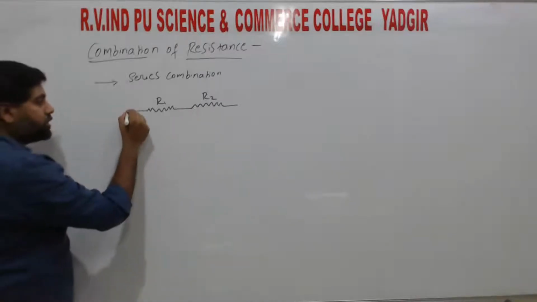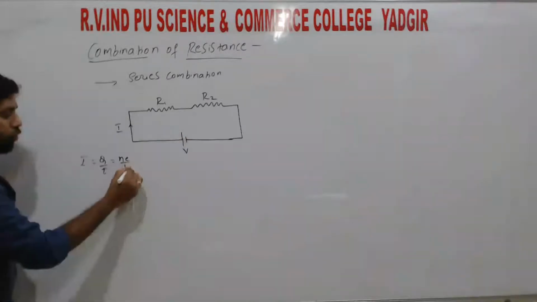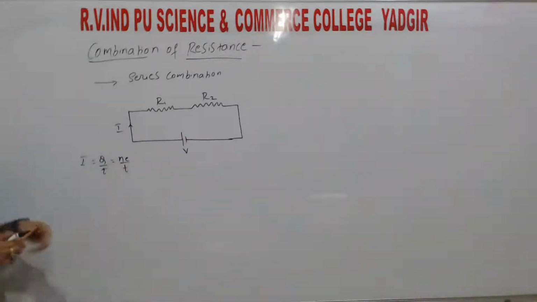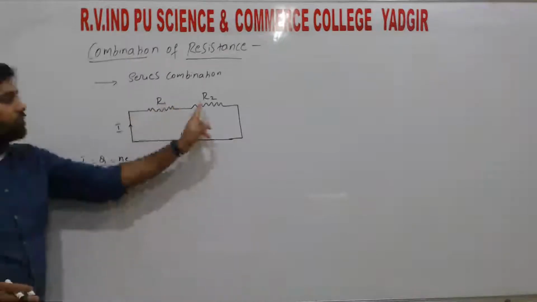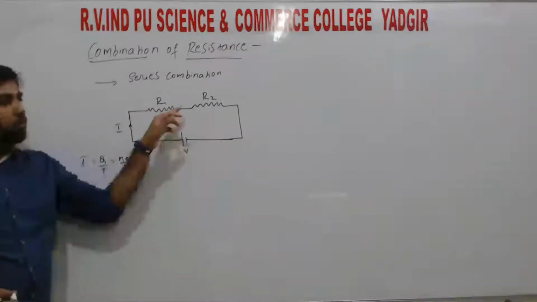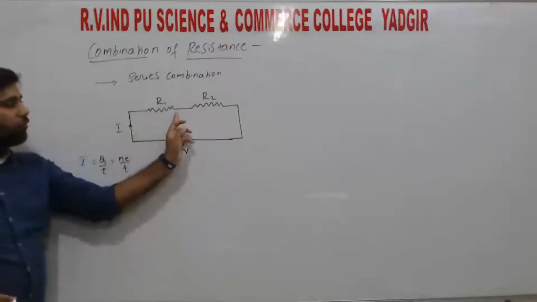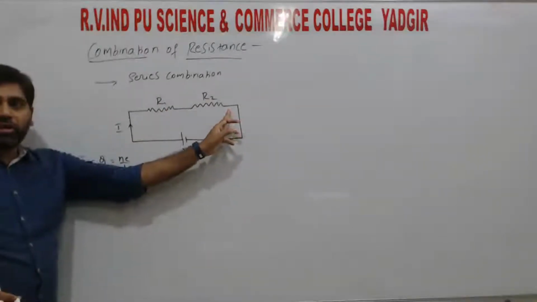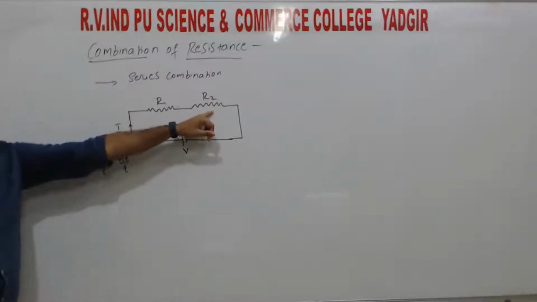Now apply the potential across these two resistors. The same number of electrons flow per unit time: as many electrons flow through R1, the same number flow through R2, because there is no deviation. So after R1, next comes R2. That means current is the same in both R1 and R2, right?